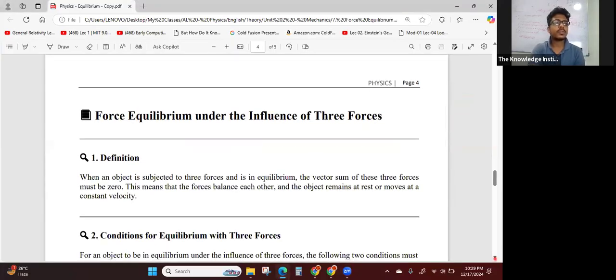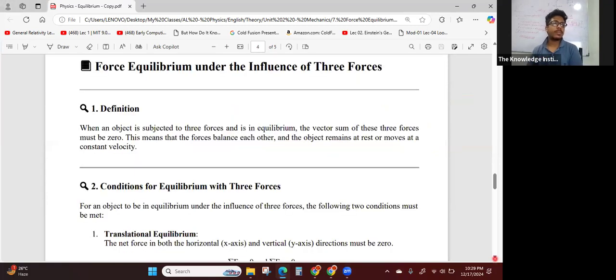So then the force equilibrium: the object is in equilibrium under the influence of three forces. When an object is subject to three forces and it is in equilibrium, the vector sum of these three forces must be zero. Also the net torque, the moment of force, must be zero.